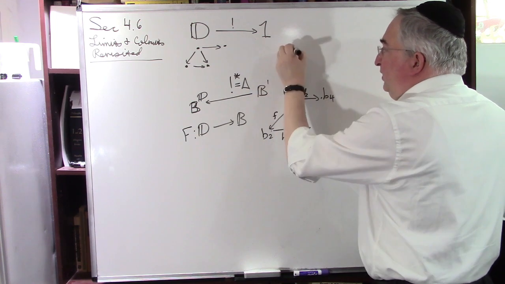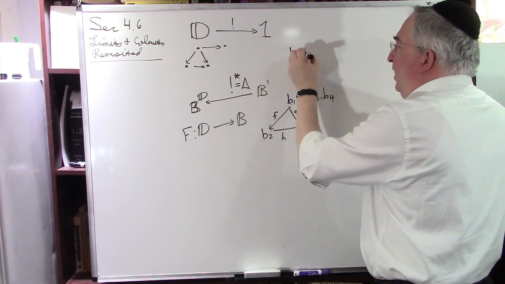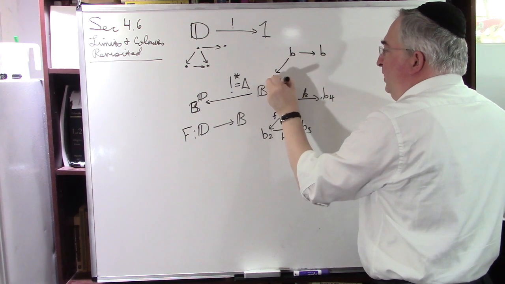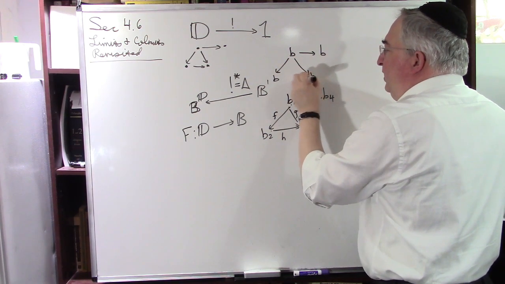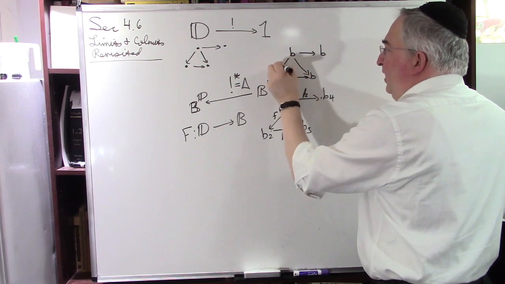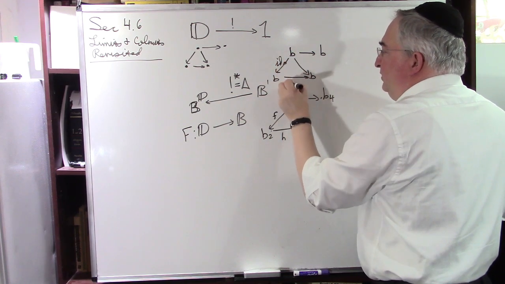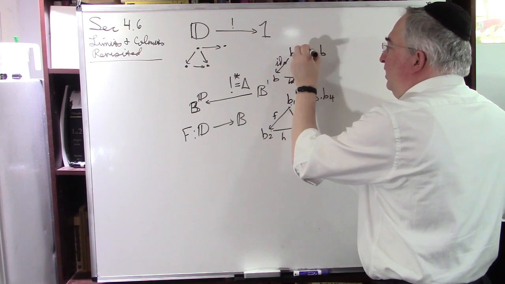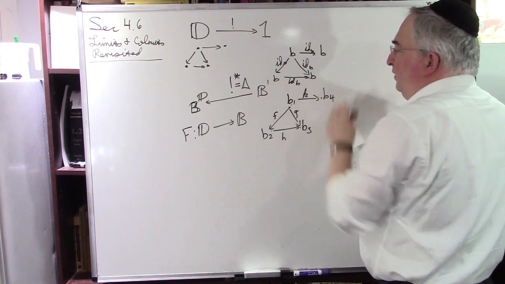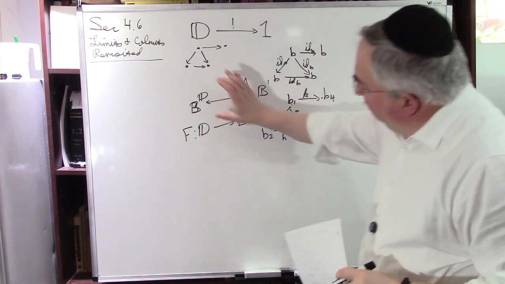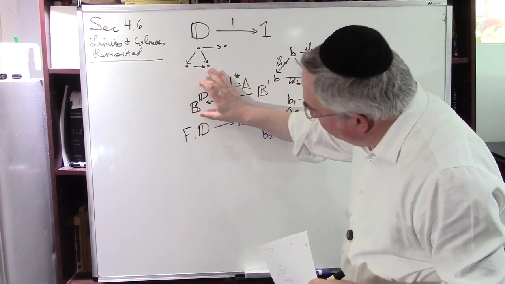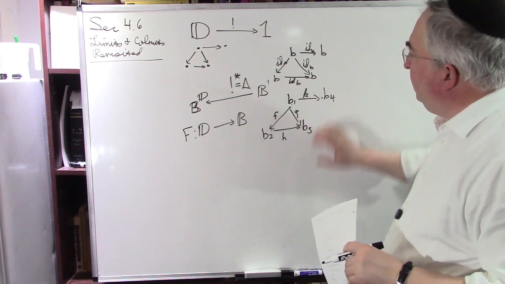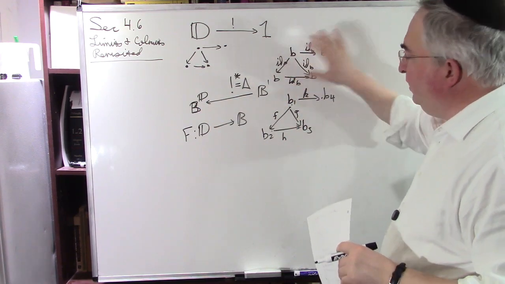Here's a typical element there: B, B, B, B, and then here we're going to have identity on B, identity on B, identity on B. So within this functor category from D to B, here's a typical element there, and here's another element there.